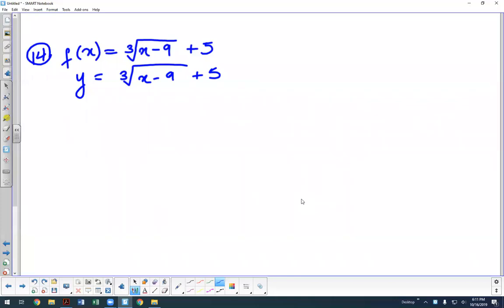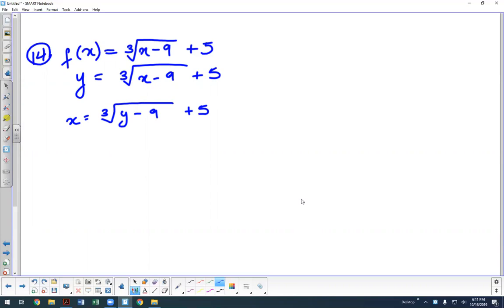Okay, so obviously replacing our f of x with y, then interchanging the x and y variables. I just saw a couple of you do this, but just be careful. You have to isolate the cube root before you can start using the third power, the cubed power, to get rid of it.